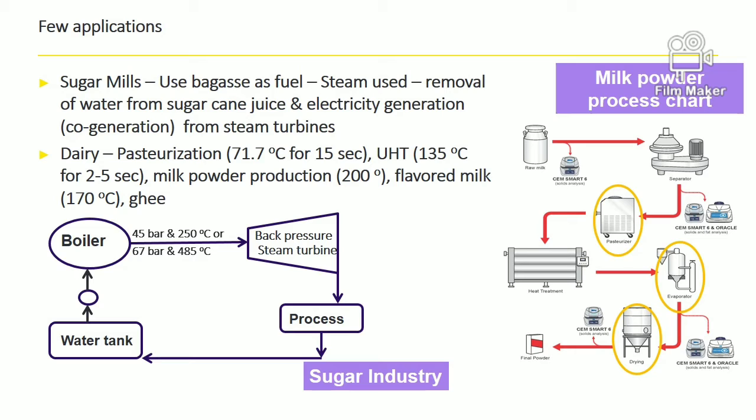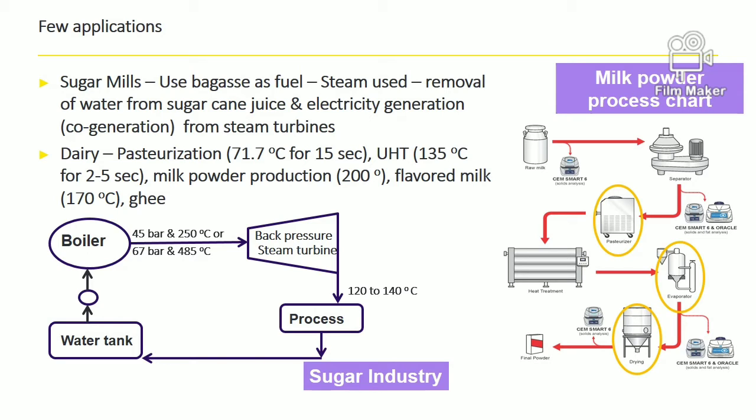The steam is supplied to a back pressure steam turbine where electricity is produced. The exhaust of the steam turbine at 120 to 140 degrees centigrade is given to sugar processing, and using this steam, the sugar is formed from the sugarcane juice.